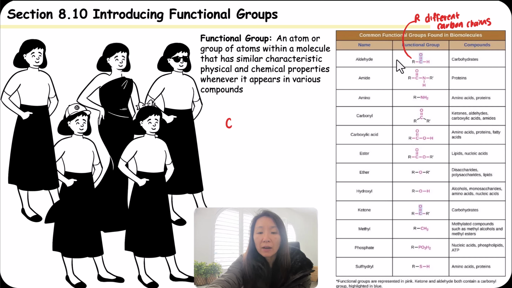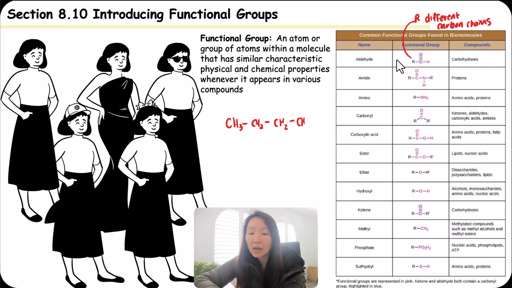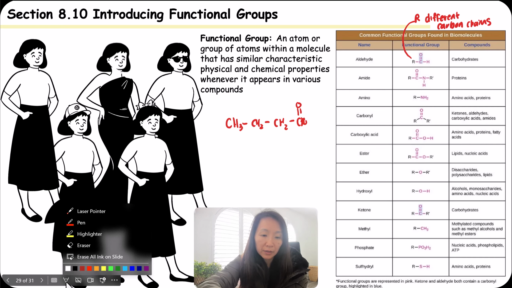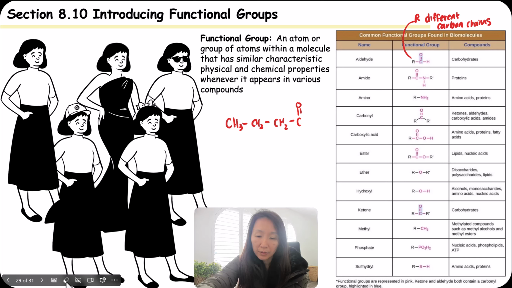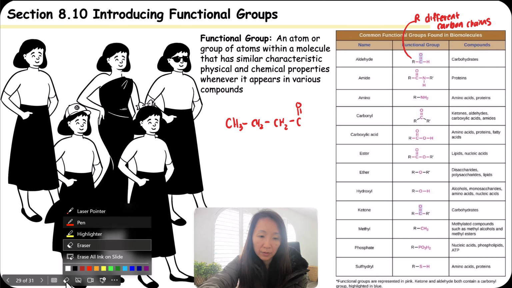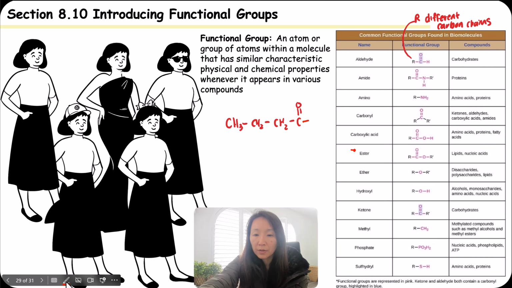So say you have a butane, and on the edge of the butane, instead of a CH3 at the end, you have a C double bonded O, and that's connected to an H. Let me erase that little part there. Okay, it's no longer a butane.